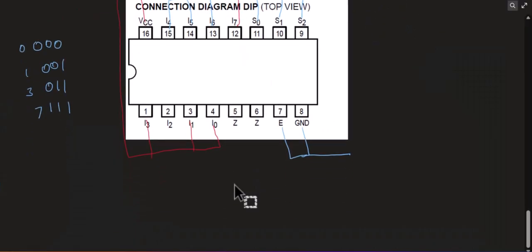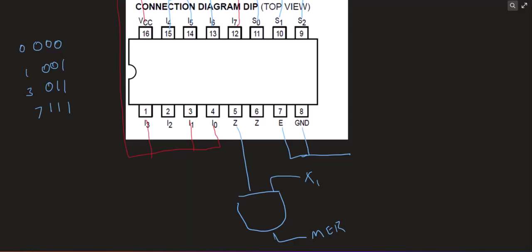So we would take our output and AND it with X1. And that would be MER. So that's one way to do it. It's not the only way to do it. There are other ways of doing it, for sure.